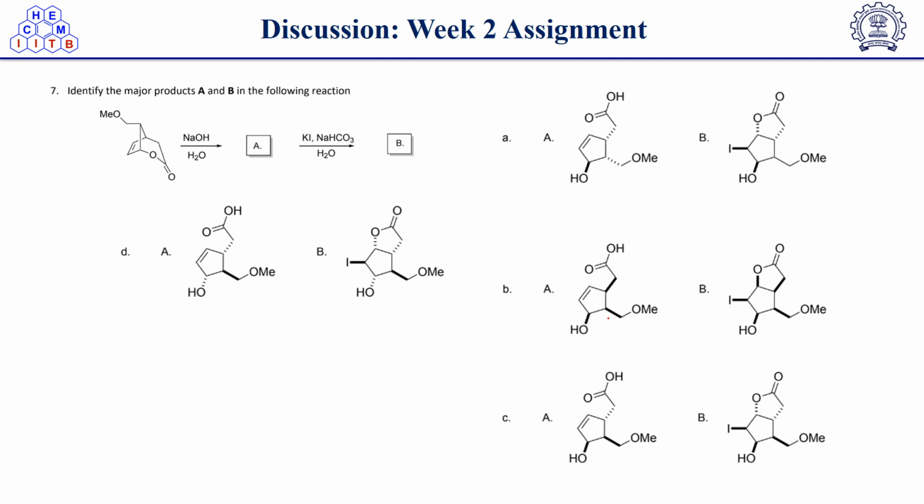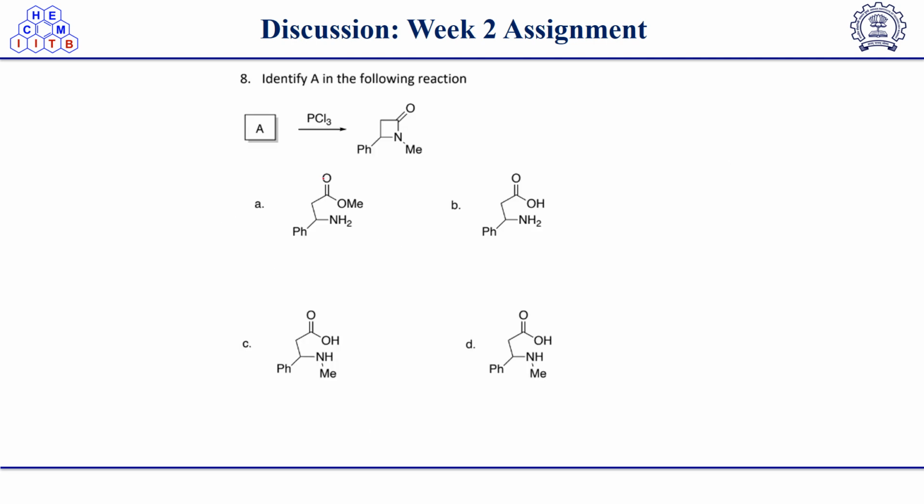So here the correct answer was option D, that is first the corresponding ester hydrolysis product and then the cyclized product will be forming, with this carboxylic acid and alcohol having the same stereochemistry and this group having the opposite stereochemistry.